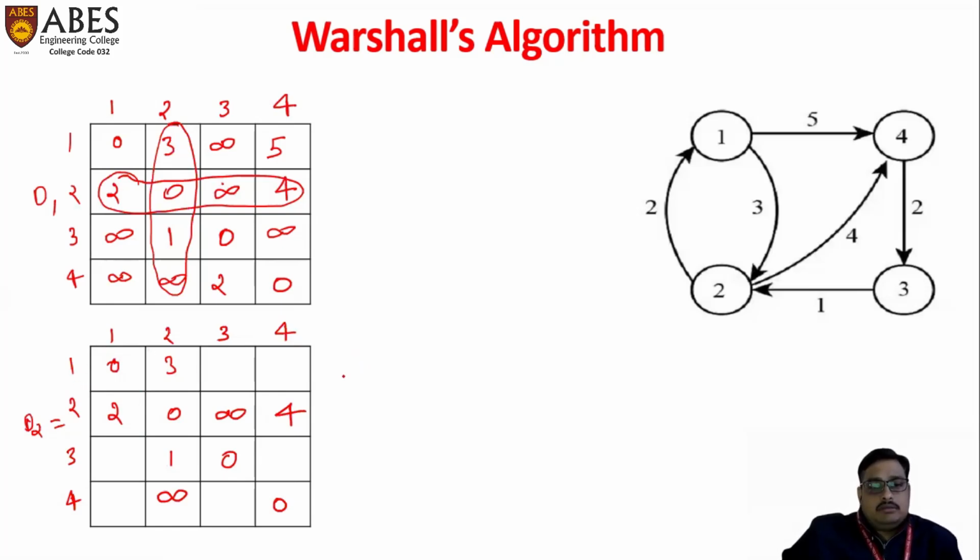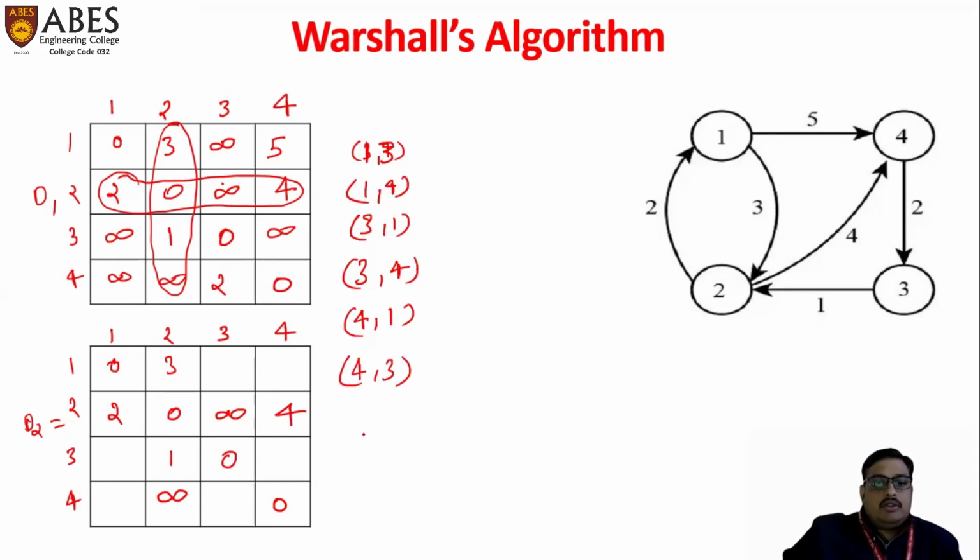Now let us try to find out the values for 3, 4. Let me write here: 1, 3, 1, 4, and 3, 1, then D2 3, 1, D2 3, 4, D2 4, 1, and D2 4, 3.